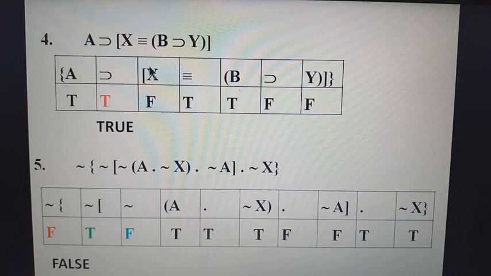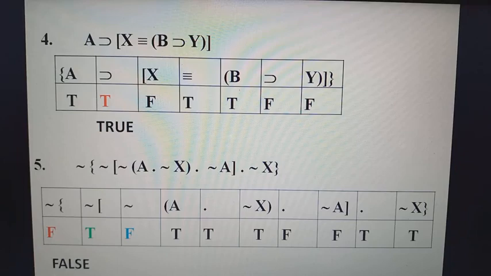So the bracket here, we have X, which is false, logical equivalent to the value of the entire parenthesis here. Since it's triple bar, logical equivalence, it is true when the components have equal values. When they are both true, it is true. When they are both false, it is true. It's only false when one is true and the other one is false.